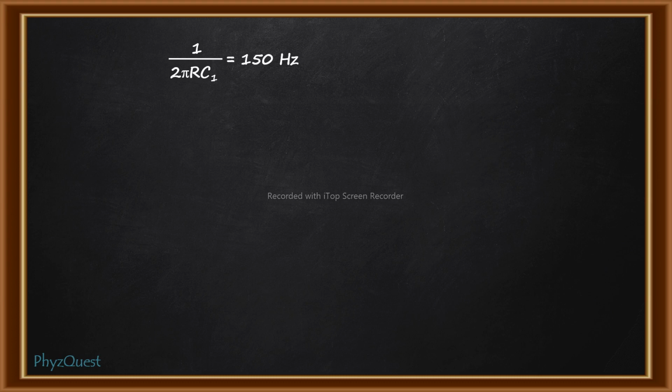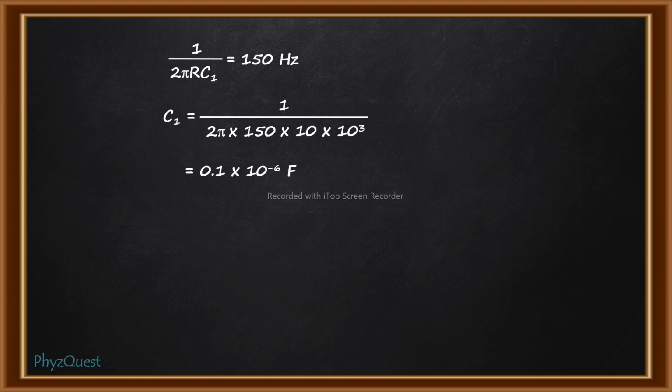So C1 will be equal to 1 divided by 2 pi into 150 into 10 into 10 to the power 3, because the resistance is 10 kilo ohm. When we solve that, this will be equal to 0.1 into 10 to the power minus 6 farad. Therefore C1 will be equal to 0.1 microfarad.